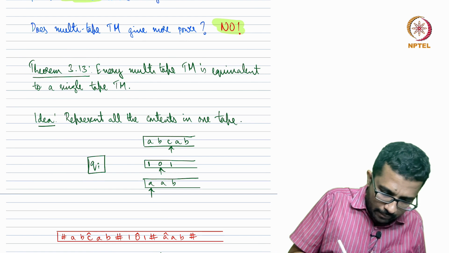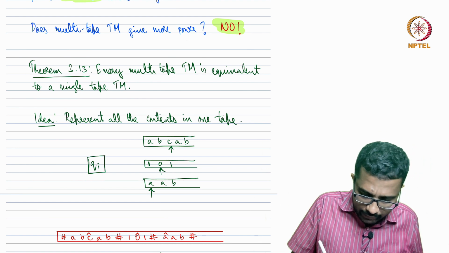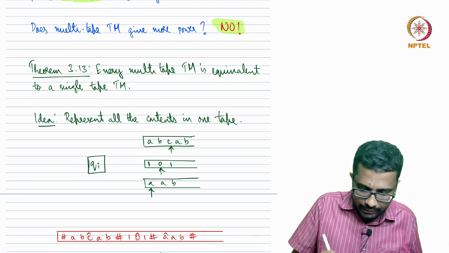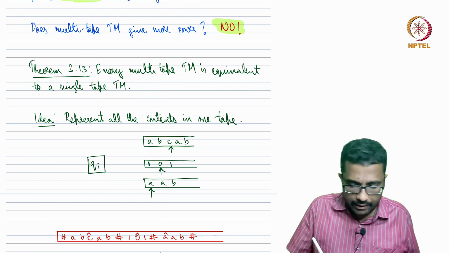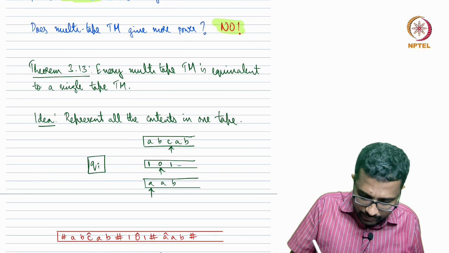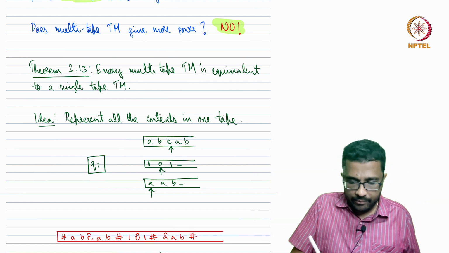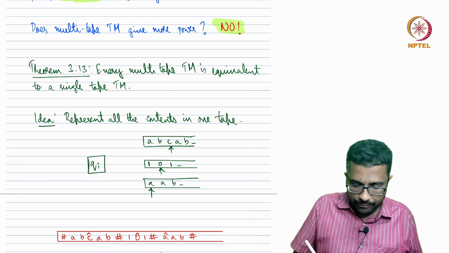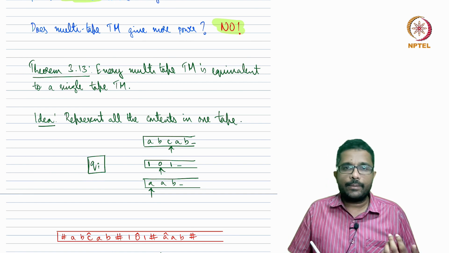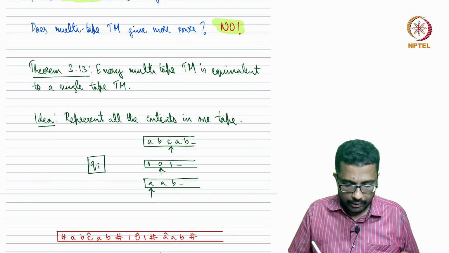So you have Qi being the state, and there are 3 tapes. The first tape contains ABCAB, the second tape contains 101, and the third tape contains AAB. The first tape, the head is in the third location, second tape second location, third tape first location.